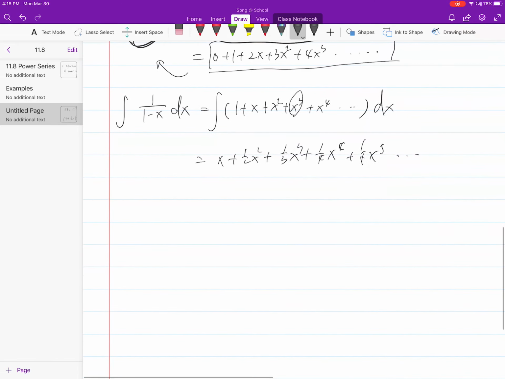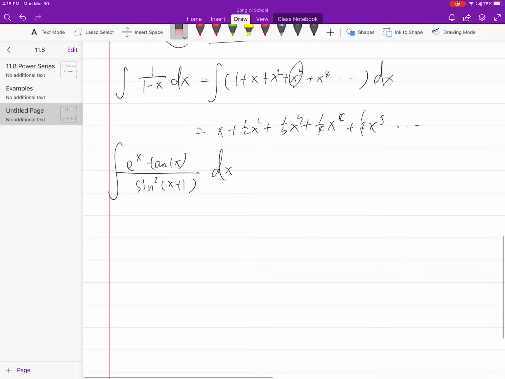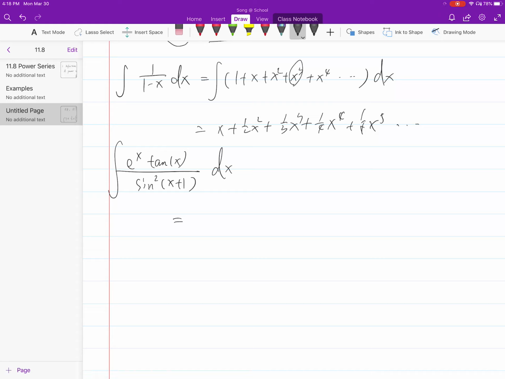That is very powerful. That means any random function you write down, for example, some really difficult function. Let's say we want to see the derivative or integral of this thing. Okay, it's very difficult, right? But if you can write this thing as a power series, I just made something up.